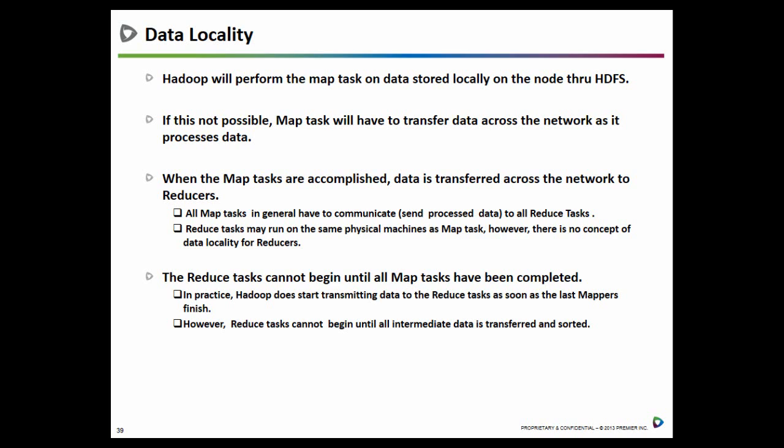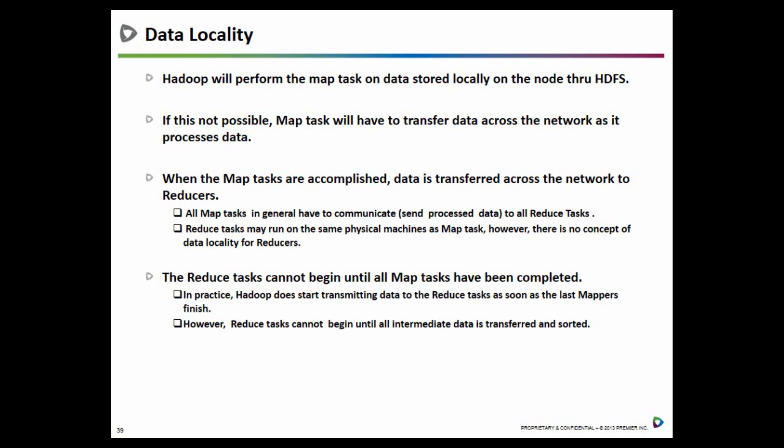So distribution is again as important as it was in Netezza. The reduce tasks cannot begin until all map tasks have been completed. When the map tasks are accomplished, data is transferred across the network to the reducers.